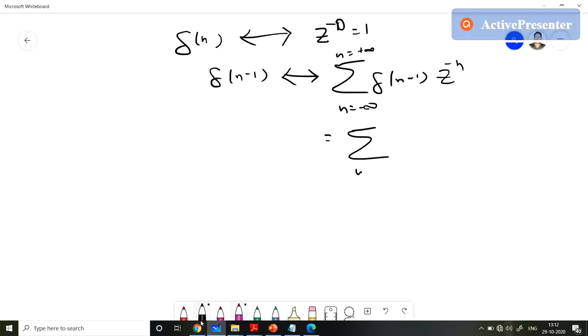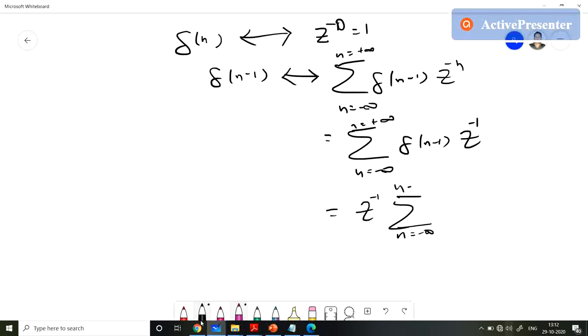Now it is the summation of delta[n - 1] z raised to the power minus 1. So z raised to the power minus 1 we can put outside, and the summation of delta[n - 1] is obviously equal to 1. So it is 1 by z.